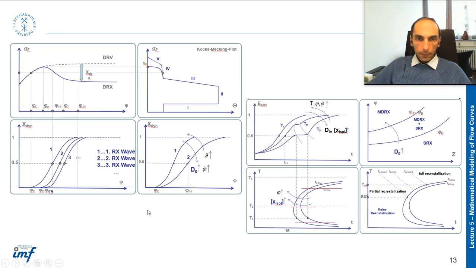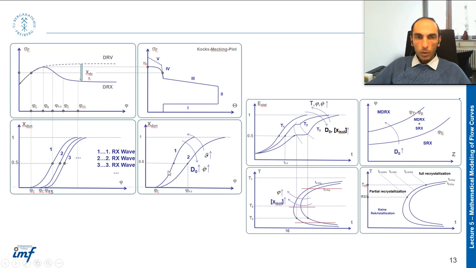Okay, this graph is talking about the effect of strain and strain rate on the kinetics of dynamic recrystallization. By increasing the strain rate and strain, you can see that the dynamic recrystallization finishes earlier.